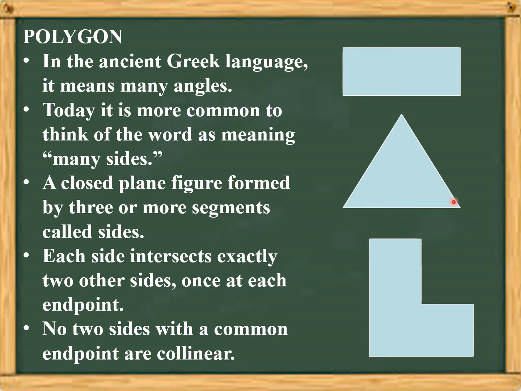So, ibig sabihin, magkaiba ng direction yung bawat sides. For example, this one. Ito, tapos nag-change ng direction. Same also with triangle, nag-change ng direction. Same also with this figure. Yan, nag-change din ng direction. So, that is polygon.